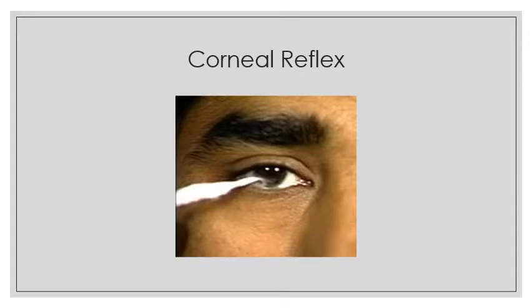Touch the cornea and be sure that you are touching the cornea, not the conjunctiva. Otherwise, this is a conjunctival reflex, not a corneal reflex. Touch the cornea with a very thin strand of clean cotton. Normally, there will be blinking of the eye and lacrimation. Observe for this blinking and lacrimation.